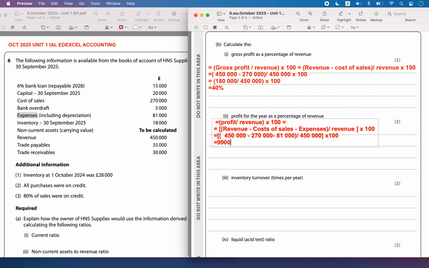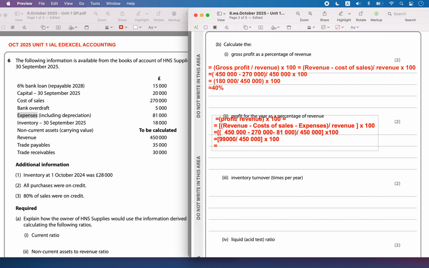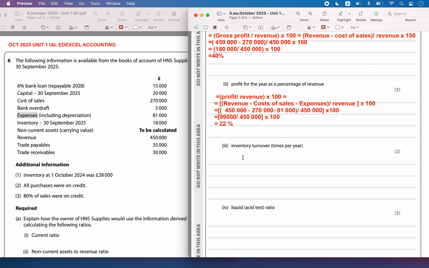So that is 99,000 divided by 450,000 times 100, which is equal to 22%. So that is the answer.